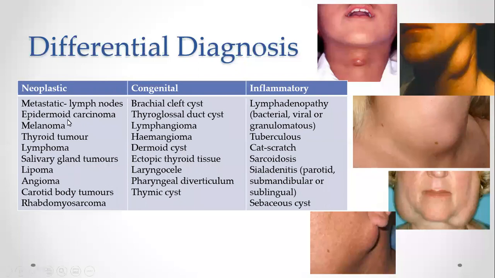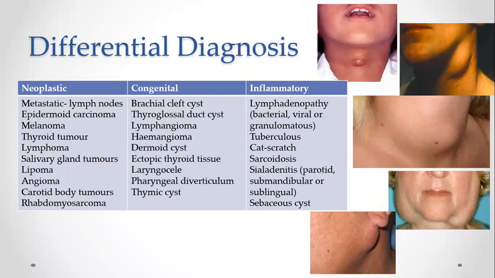Another lesion is epidermoid carcinoma, which is not common. Melanoma can present like a neck swelling, and thyroid tumor, which can be benign or malignant. Lymphoma is another common presentation as a swelling in the neck.